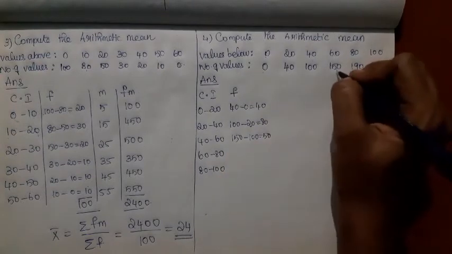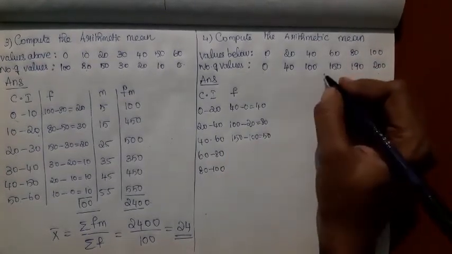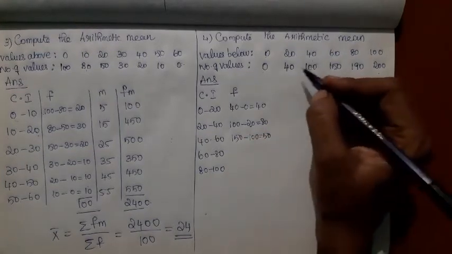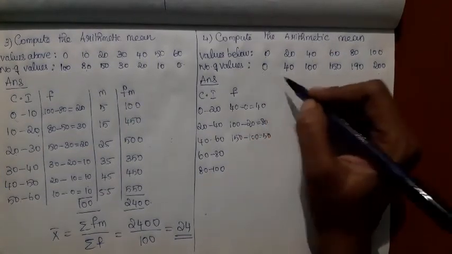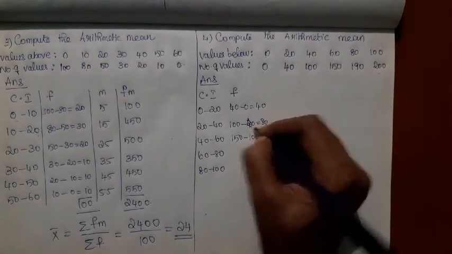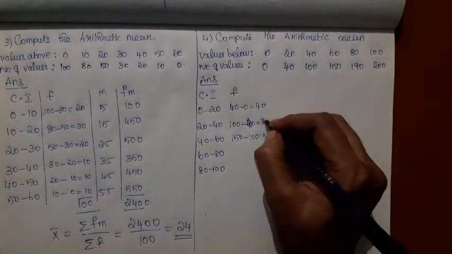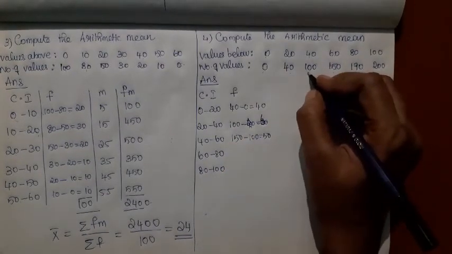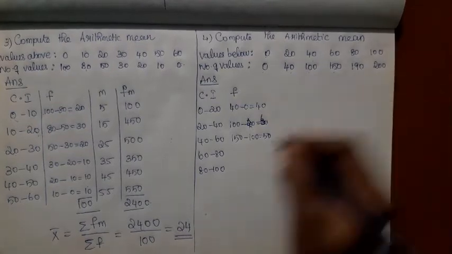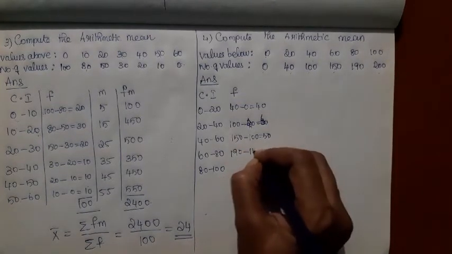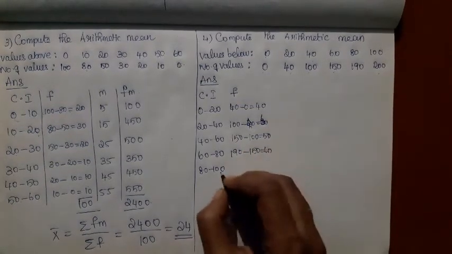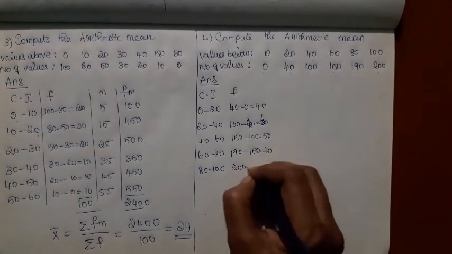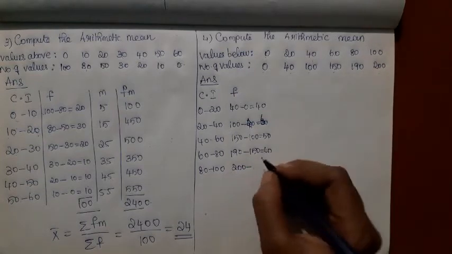Reduce. Below 60, sorry, below 40 there are 100, 40 minus 0, 100, sorry, here it is a mistake. 100 minus 40, 60, and 150 minus 100 is 50, yes. 190 minus 150 is 40, right? 80 to 100, below 200, I have 200 values.